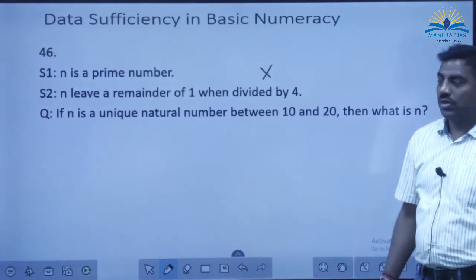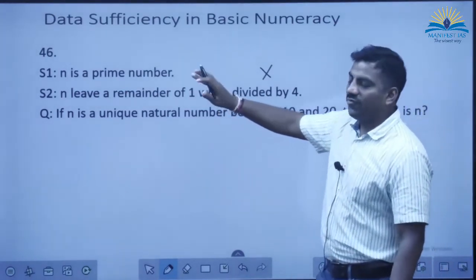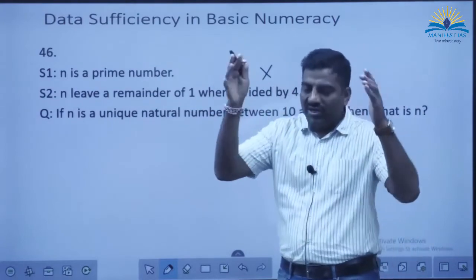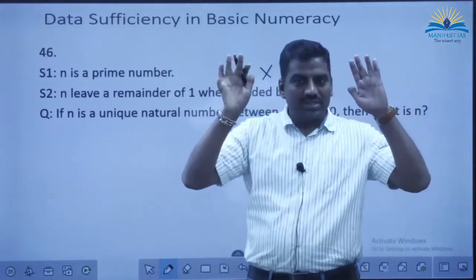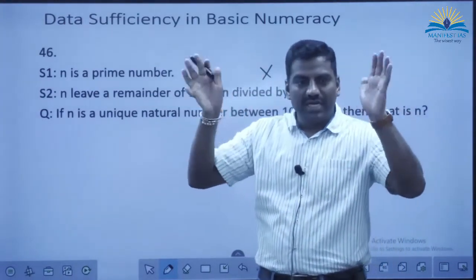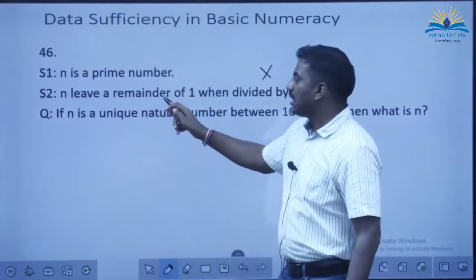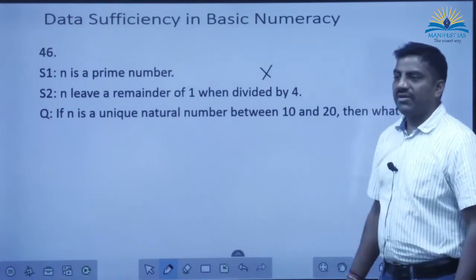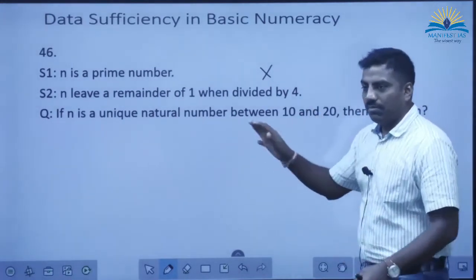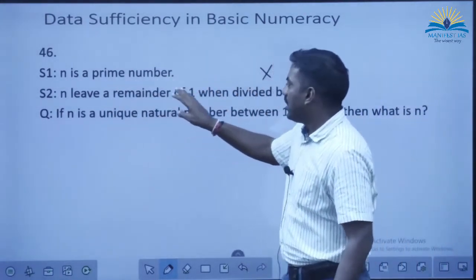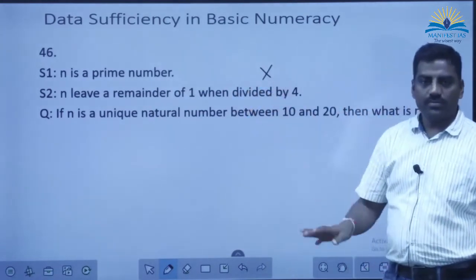Yes or no? Now, forget about the first one. Prime also, delete. This question is about prime numbers, and that also you have to delete completely. N leaves a remainder of 1 when divided by 4. Think of a number N that leaves a remainder of 1 when divided by 4.